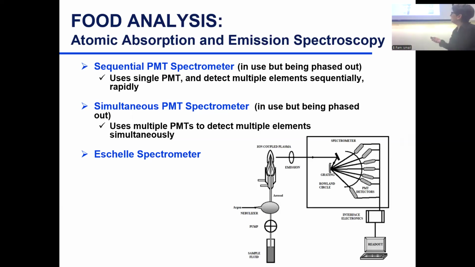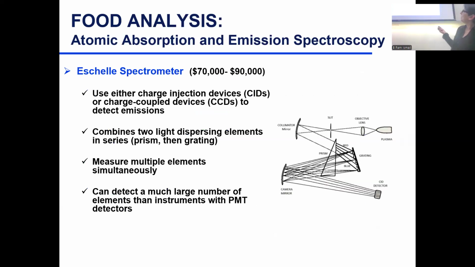Or you have the usual spectrometer, which is basically a detector that allows you to convert multiple wavelengths into electrical signal and give you the emission of very many elements all at once. We're not going to go into the physics of that.